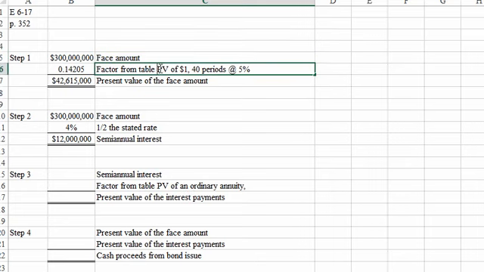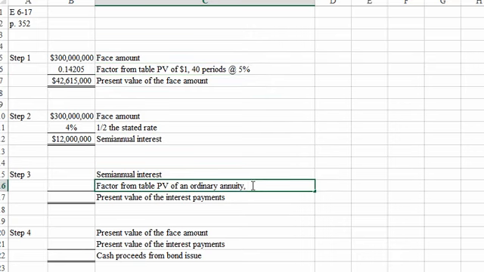It's again 40 periods, twice a year for 20 years, at half the market or effective rate. It's just two different names for the same thing.